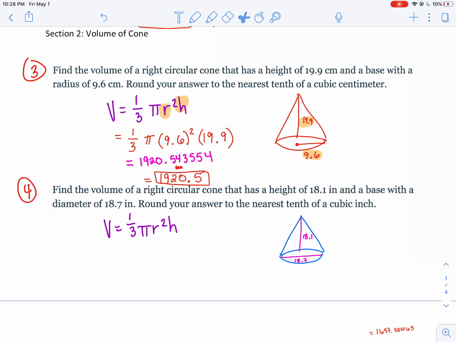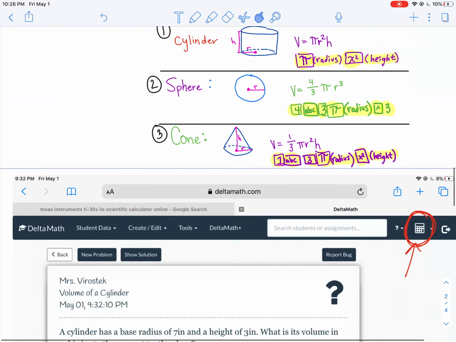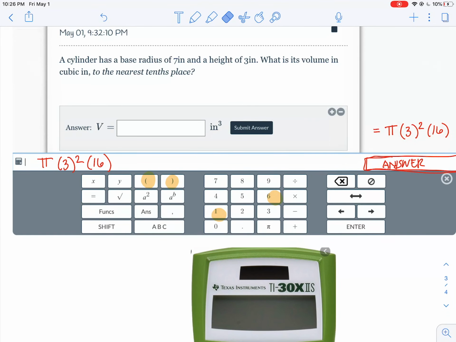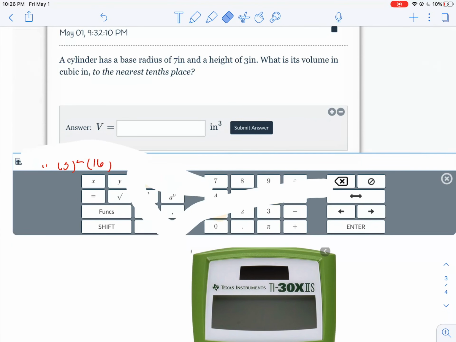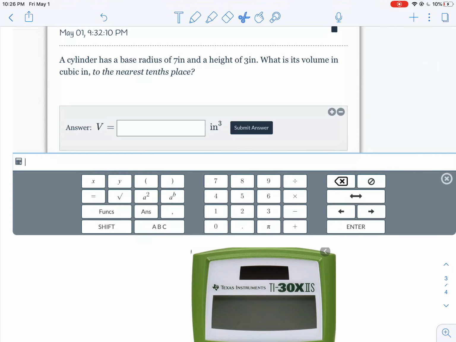Okay. Once again, if we just quickly look at how to type this into the calculator for Delta Math, you might need help with this because when you put in a fraction, you just use the division bar. So if I needed to type 1/3 in my calculator for Delta Math, I would type in 1 divided by 3, and it would pop up as a fraction 1/3.